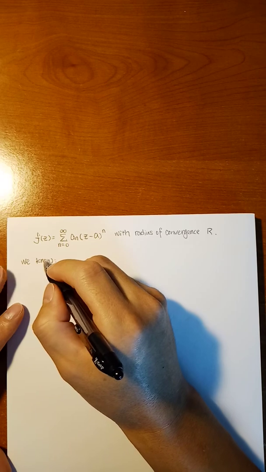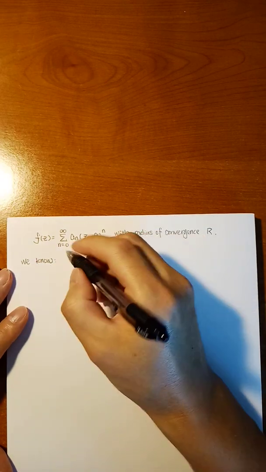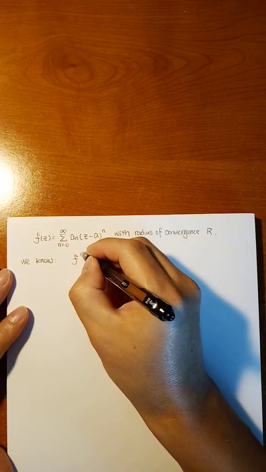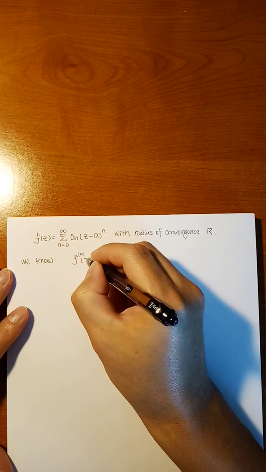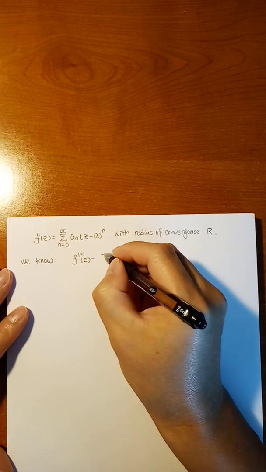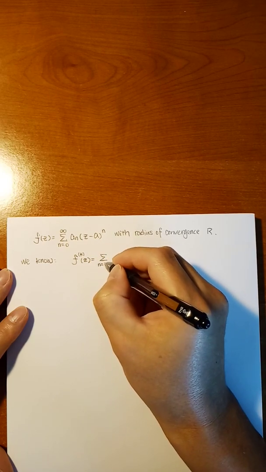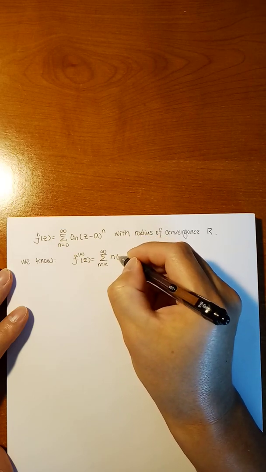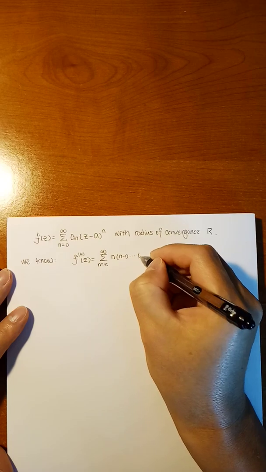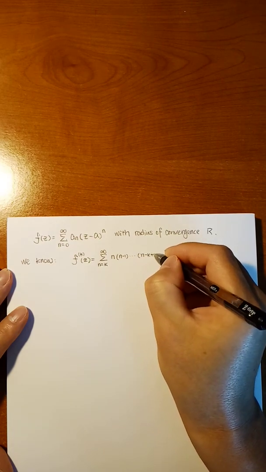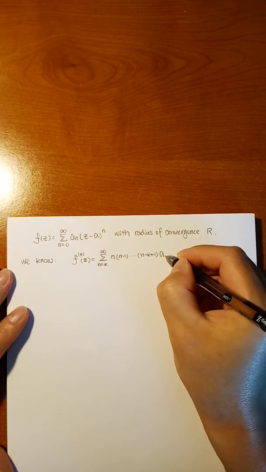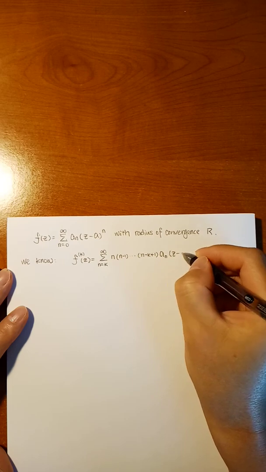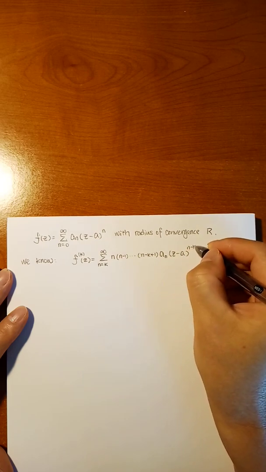this function is infinitely differentiable, and the kth derivative is equal to the sum from n equals k to infinity of n(n minus 1)...(n minus k plus 1) a_n (z minus a) to the power n minus k.